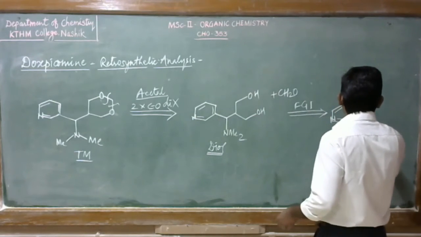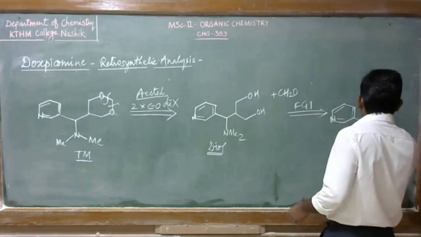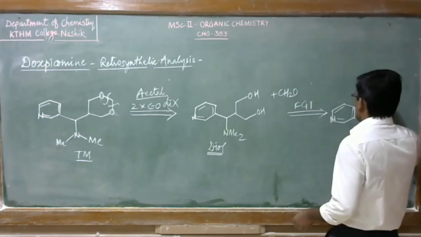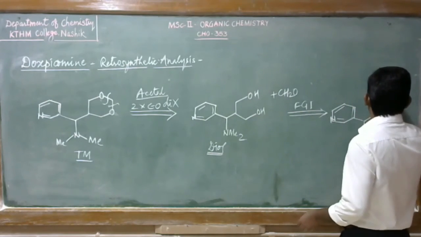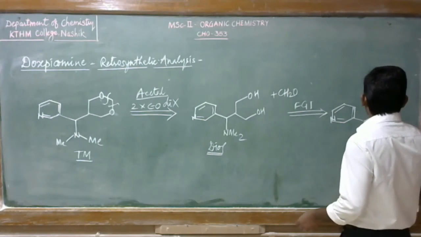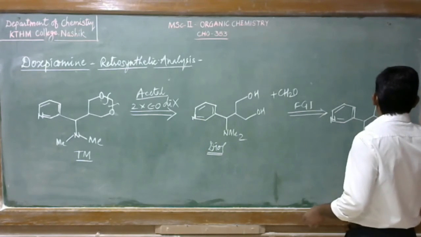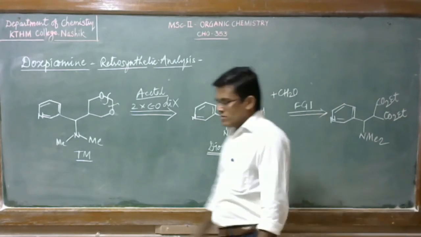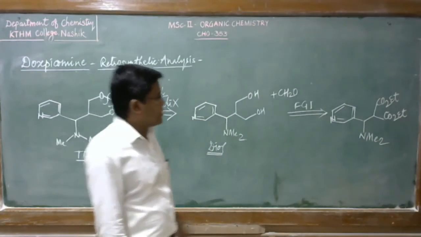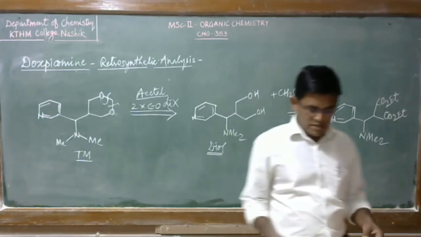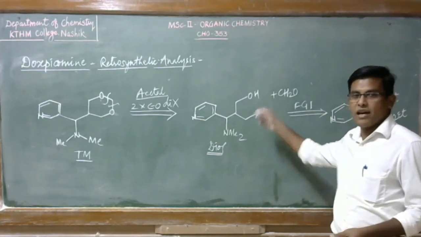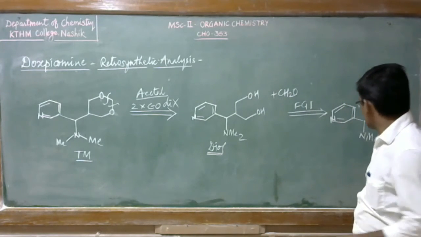this diol gets converted into its diester. We can generate, means, in the FGA of this diol, it gives the diester.